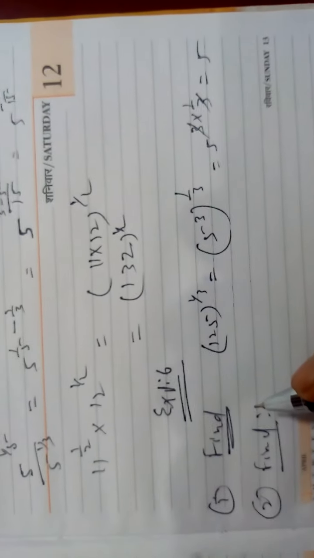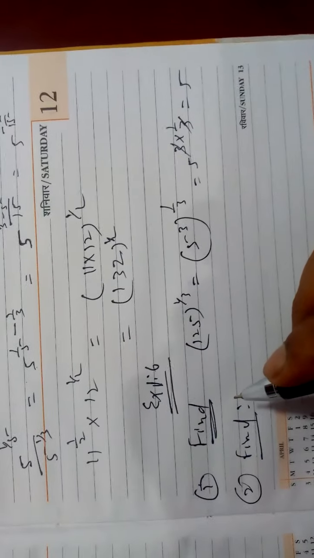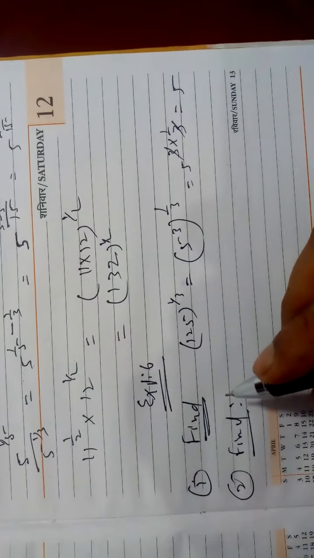In the second question of 1.6, you again have to find the value, and there are 4 parts given.